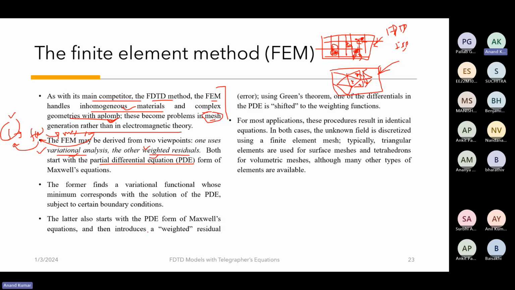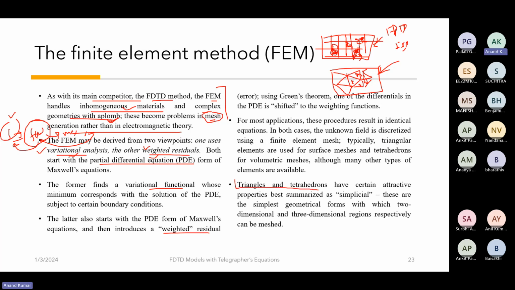Over here we discuss the same thing. The variational function or the weighted residual will solve this particular function, and this function will give you the values of the unknowns.